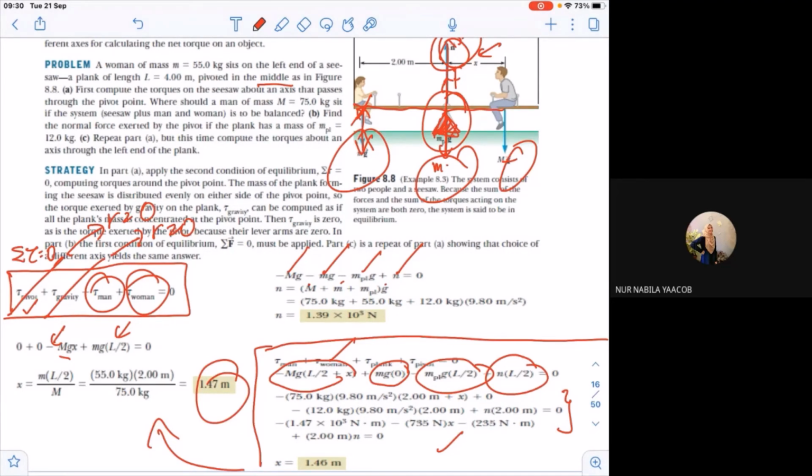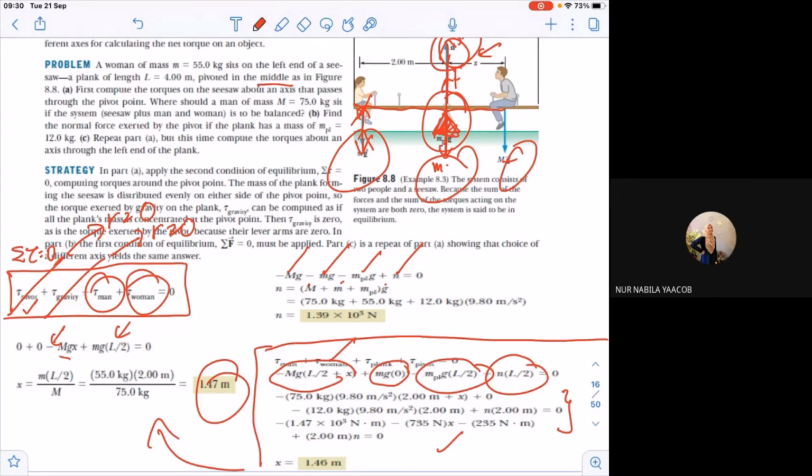So we determine which place gives us the most convenience in answering the torque question. You can use the center. Normally, we need to use the center of rotation at the place where the most forces are. For instance, this one has the normal force, this one has the mass of the plank, so that is the place we usually choose. If it is some other place, then we need to calculate everything, the pivot, the normal force.